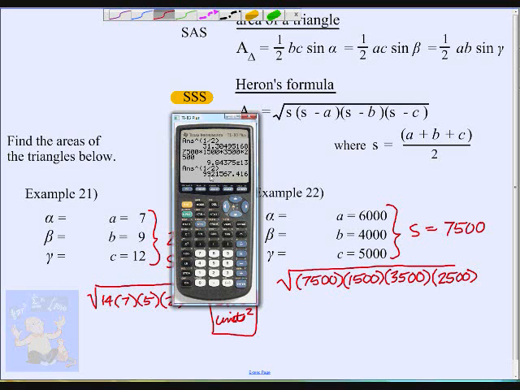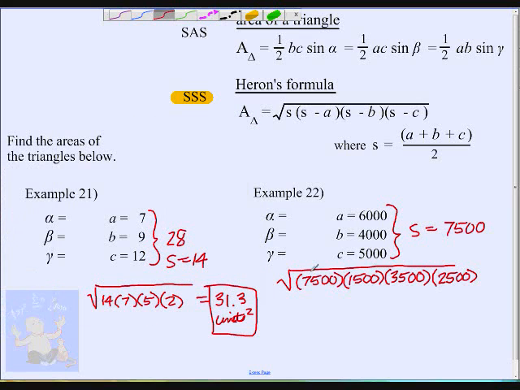I'm just going to round it to the nearest thousand. 9,922,000. Woo-wee! And again, it's units squared.